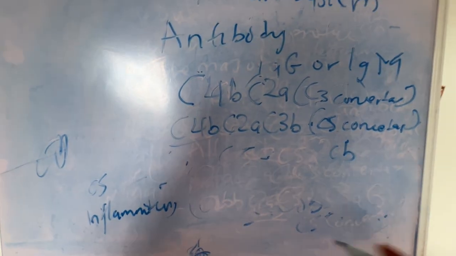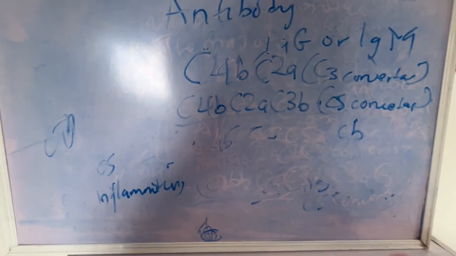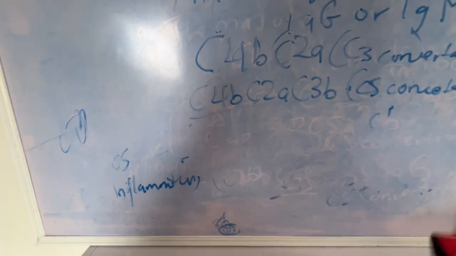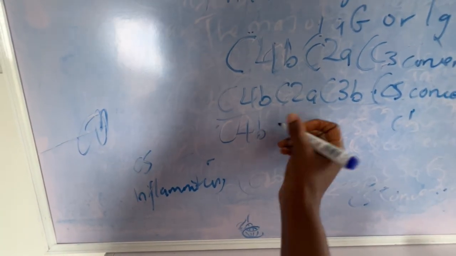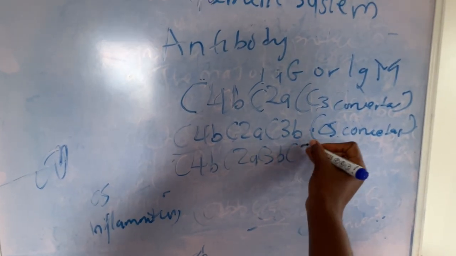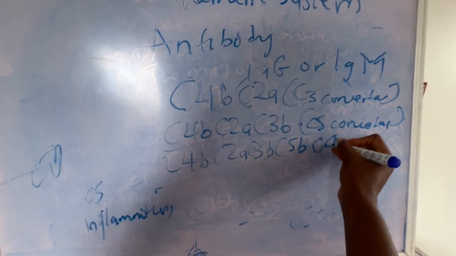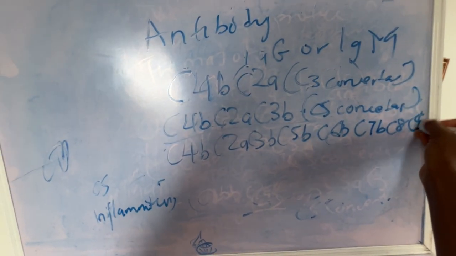Now they all become C4b, C2a, C3b, C5b, C6b, C7b, C8b, C9b.